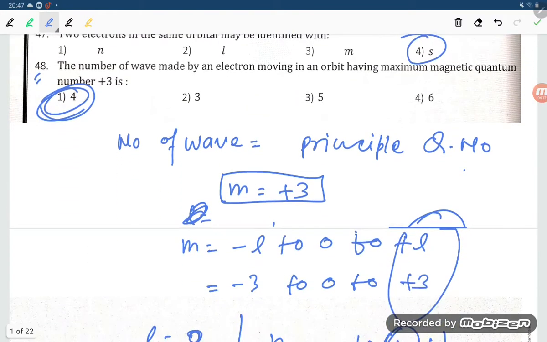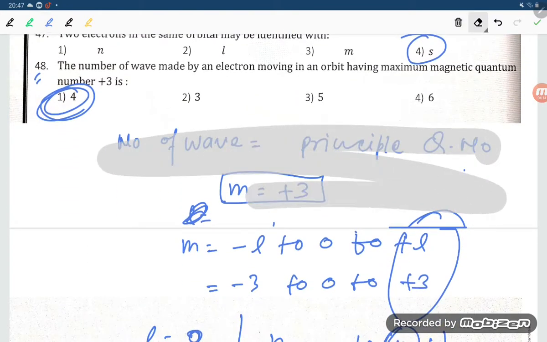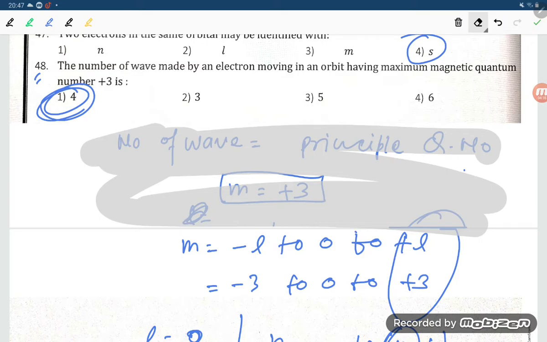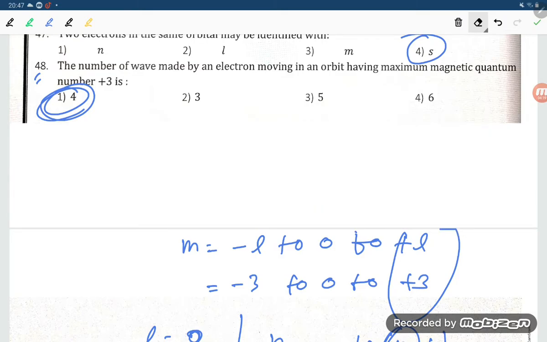Another method you can also try, student, I can tell you one more method. The formula is L equal to n minus 1, with 0 excluded. So we can write n equal to L plus 1.